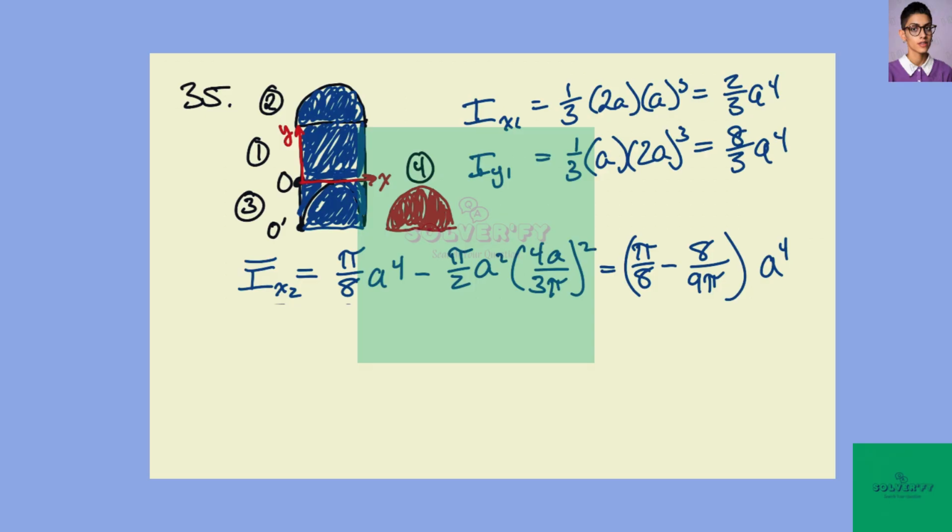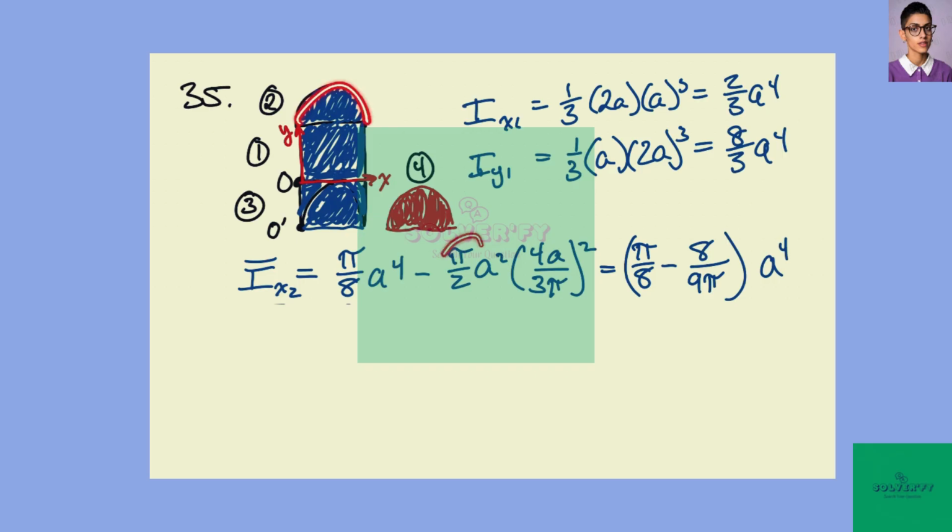We have from the book the area moment about an axis here, but we want an axis through the center of mass. So we get the area moment about this axis is this.